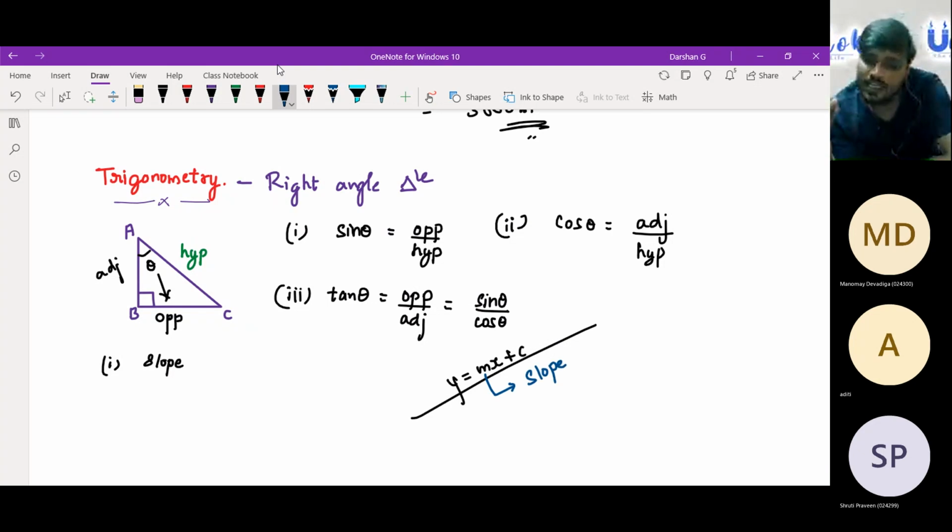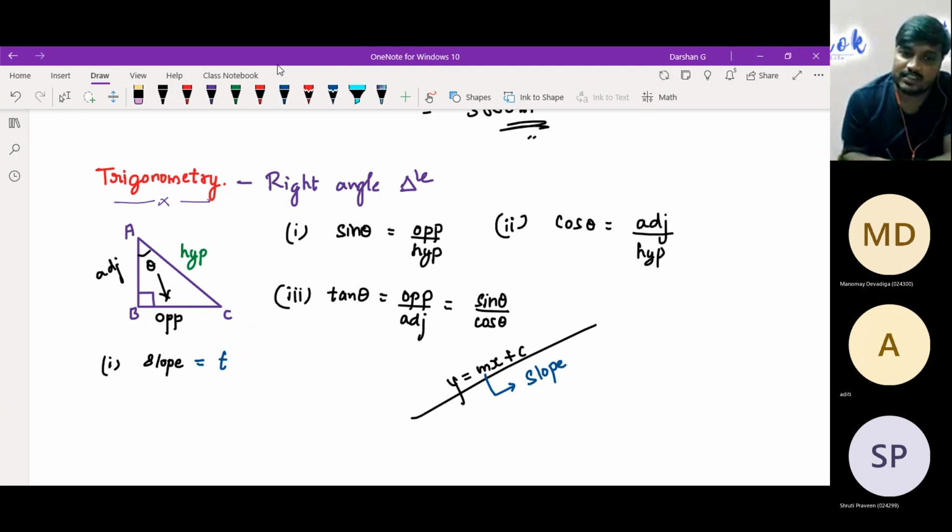We have different formulas to find slope, where m equals y2 minus y1 divided by x2 minus x1. I'm not going into that, but this m, which is slope, is also equal to tan theta.